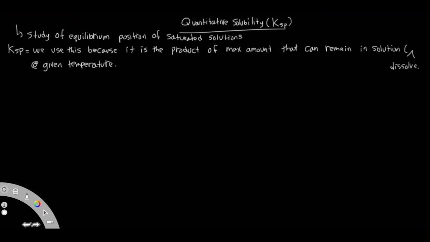I just want you to be carried away with one concept, that we use this Ksp in order to answer our questions when dealing with equilibrium positions of specific saturated solutions. So how can I conclude this? I can conclude this as, therefore, any two concentrations that, when created as a product, so now obviously you should know that when you create something as a product, you're going to be multiplying the two, right?